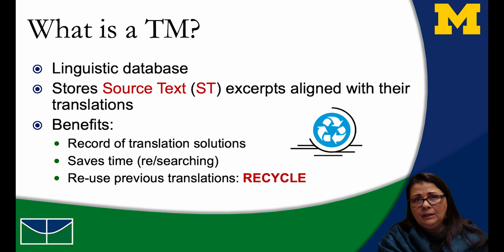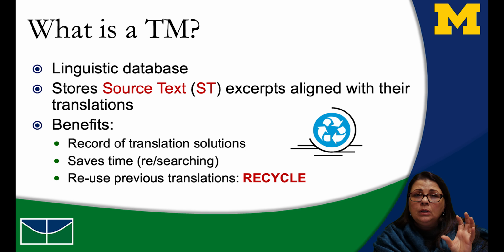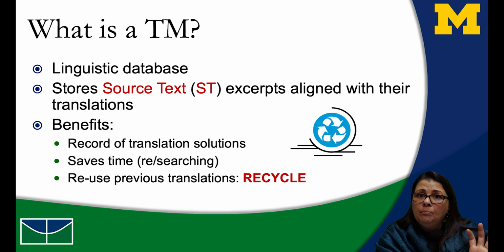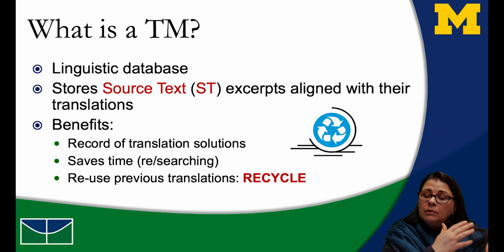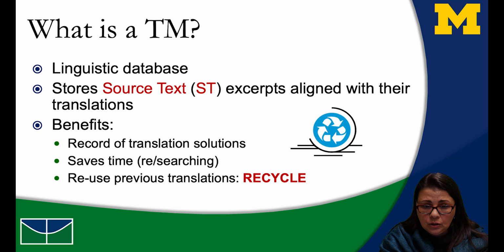So what are some of the benefits of using a translation memory? For one thing, you're going to have a record of your solutions. So things that you've researched sometimes for 1 hour, for days to find a solution, it's all going to be saved in this memory. And not only that, but it's going to be shown to you once you come up with a context that is similar to that one that you've recorded before in your translation memory.